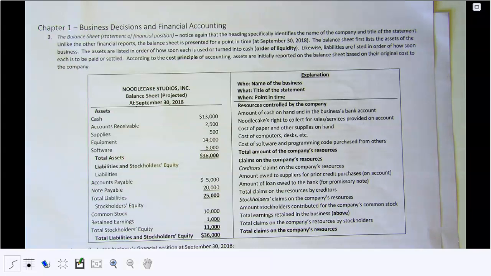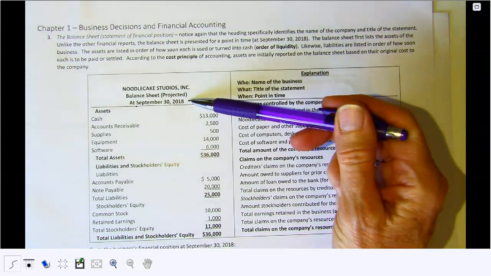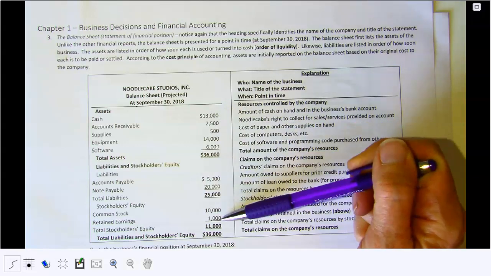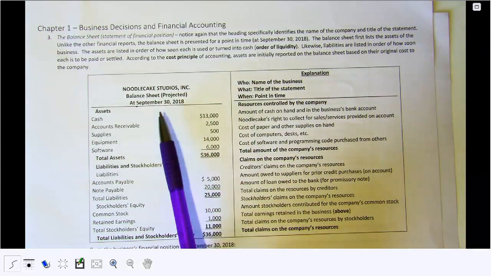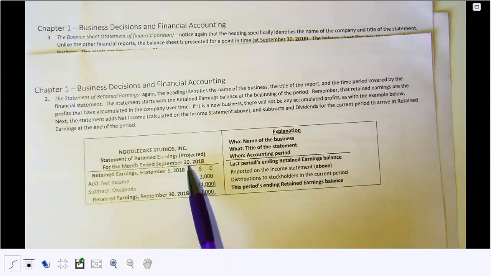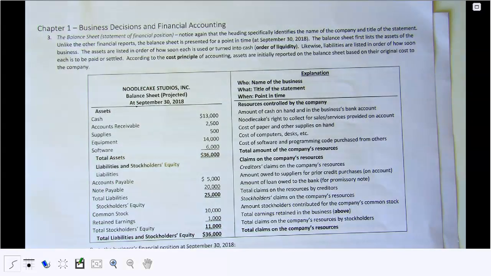And the reason for this is that we want to know the financial position of the company at that particular date. The balances of each of these accounts change from day to day. So we want to match that date, September 30th, 2018, to the period end date of the other two statements.